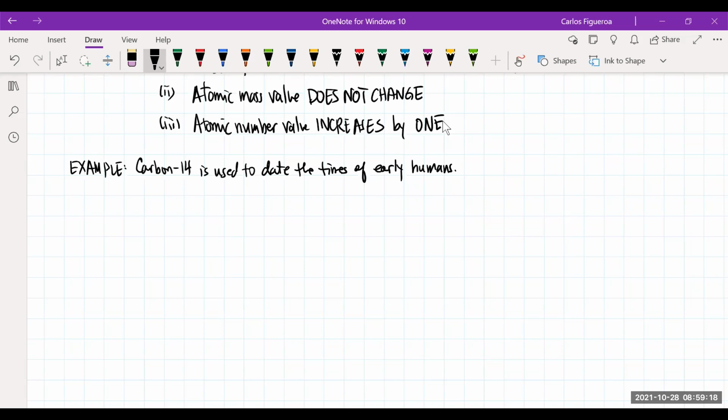And so what do we know? So carbon 14, which is typically written like this, is a radioactive isotope that is unstable.